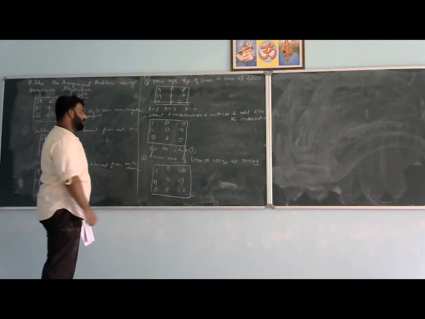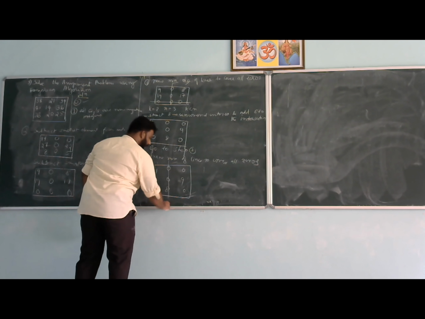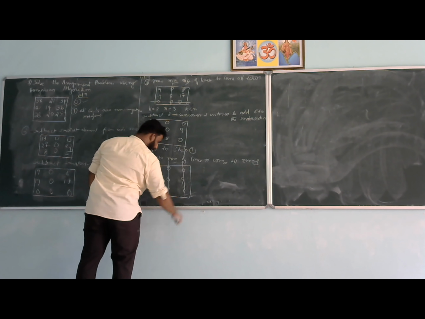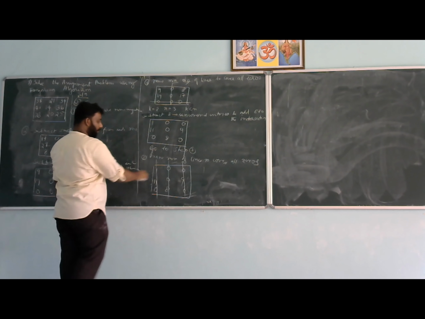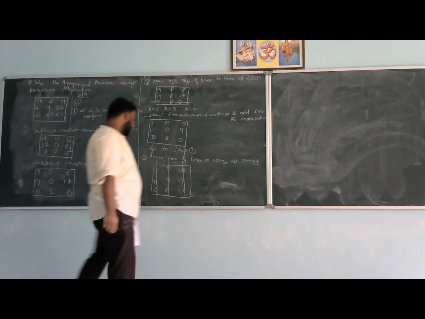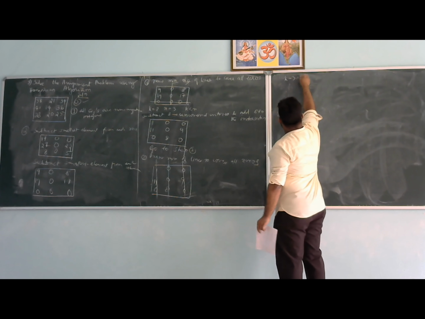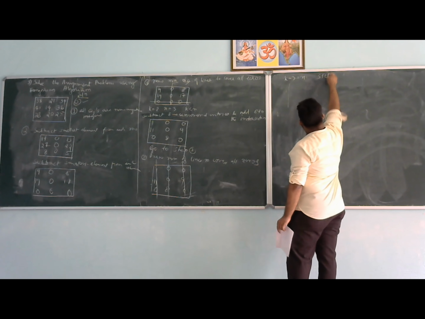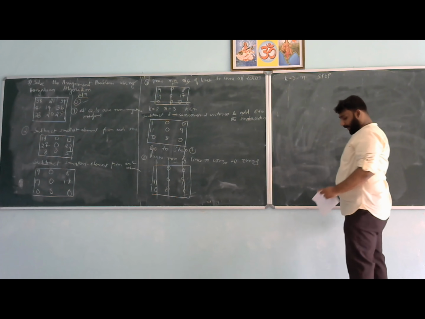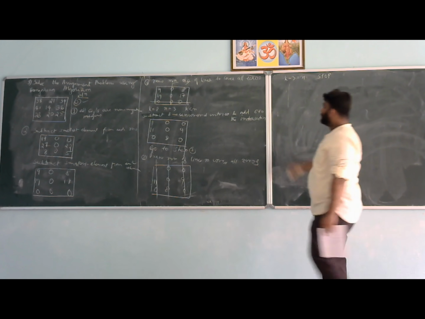So the minimum number of lines is 1, 1, 1. To cover all this, we require 3 lines. So here k is equal to 3, which is equal to n. So stop. Now we have to find the permutation set of zeros.